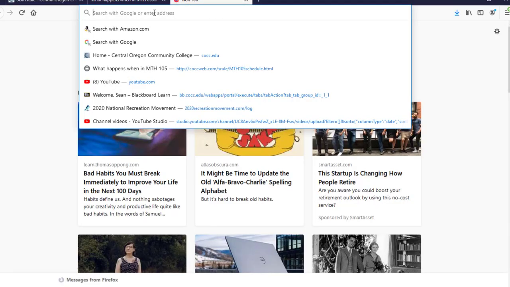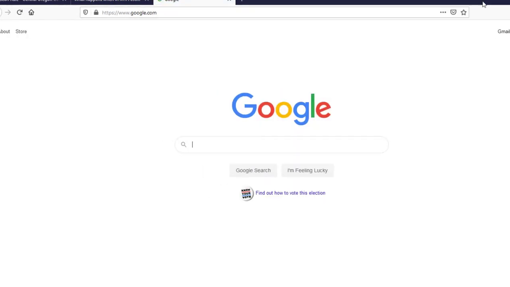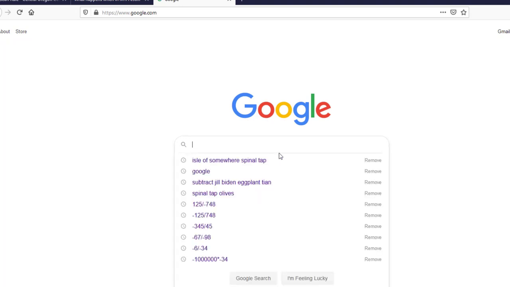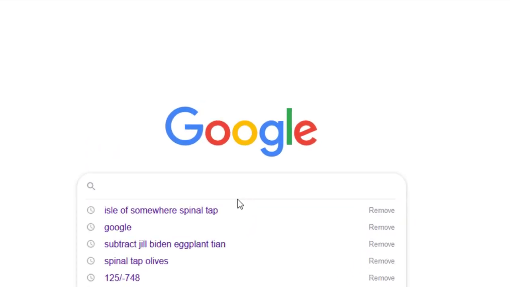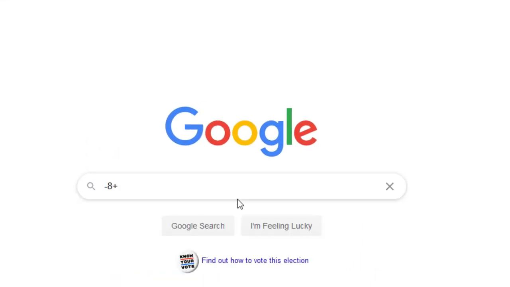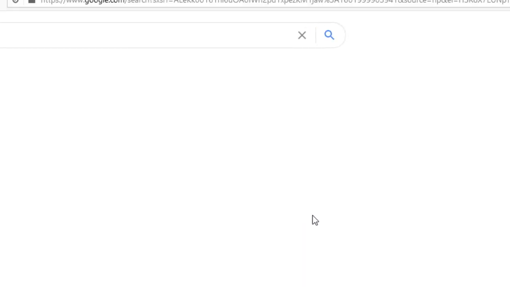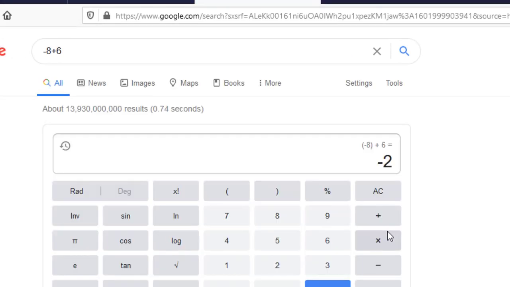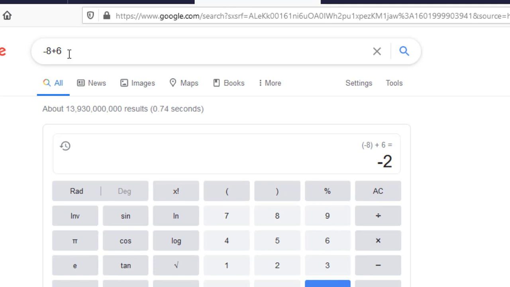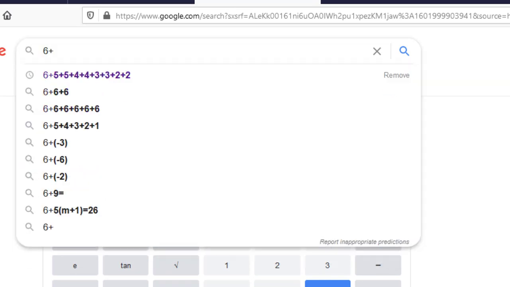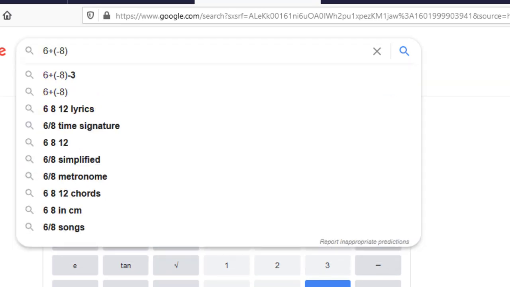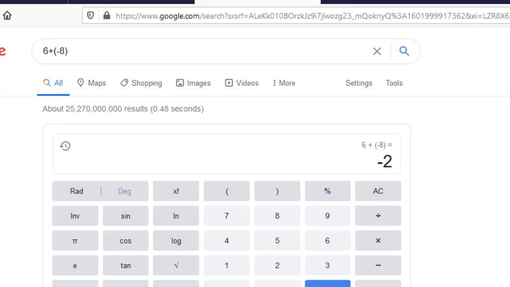All right, let's do some additions. Let's add some negative numbers and positive numbers, or negatives and negatives, a couple different ways. So we'll do negative 8 plus 6, and we get negative 2. Now let's do 6 plus negative 8, and we get negative 2.